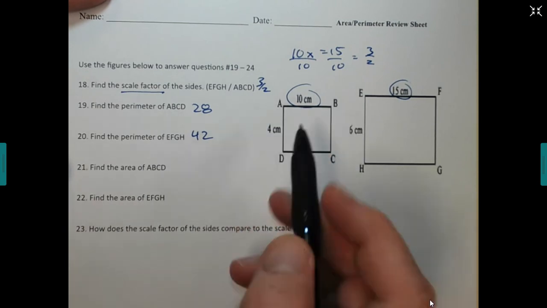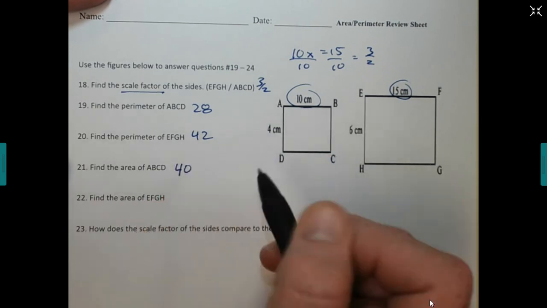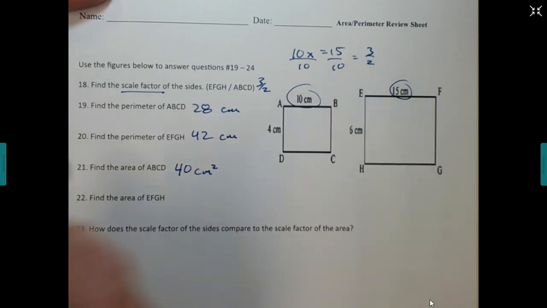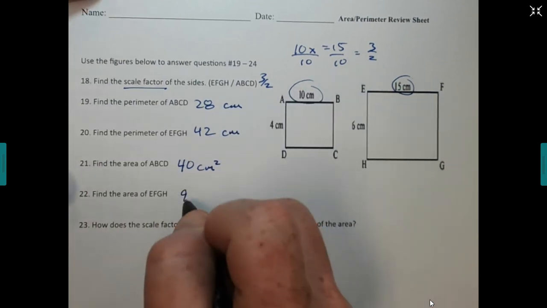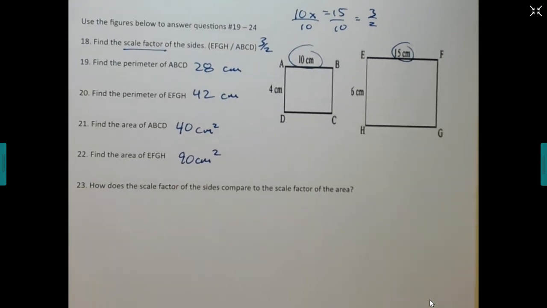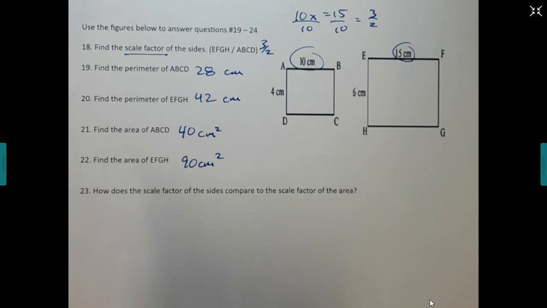The area of ABCD is 4 times 10, which is 40. The area of the other one is 90. Now this is the big question, which leads into what we talk about next unit. How does the scale factor of the sides compare to the scale factor of the area?